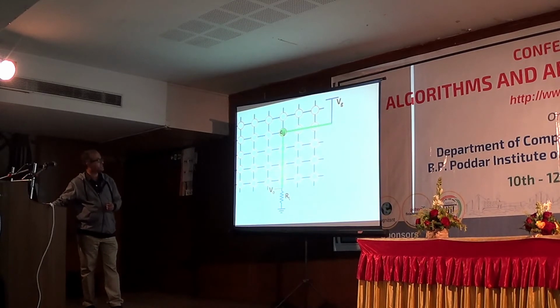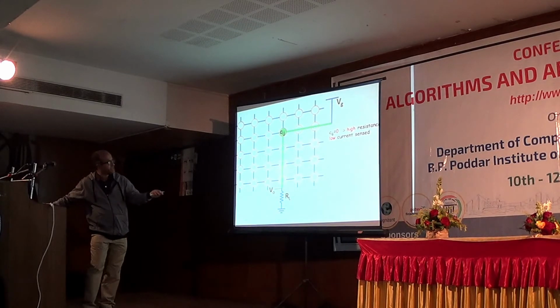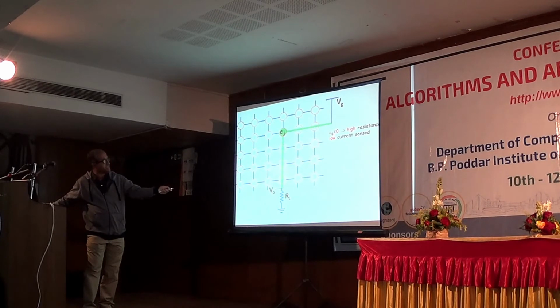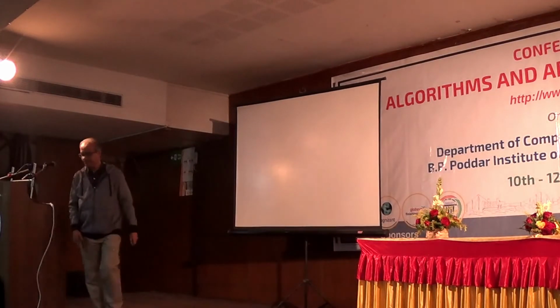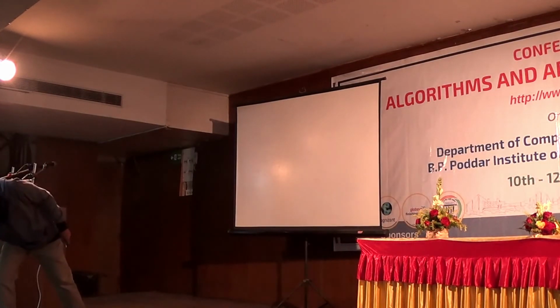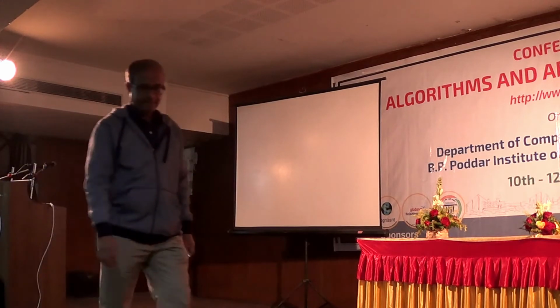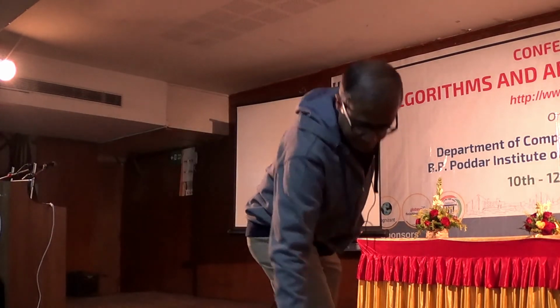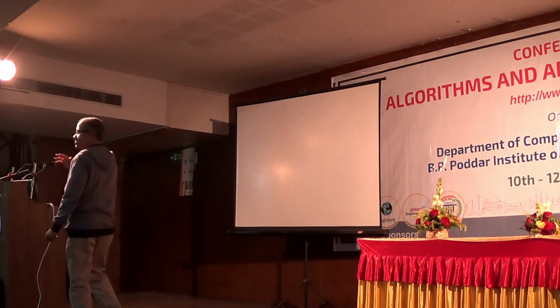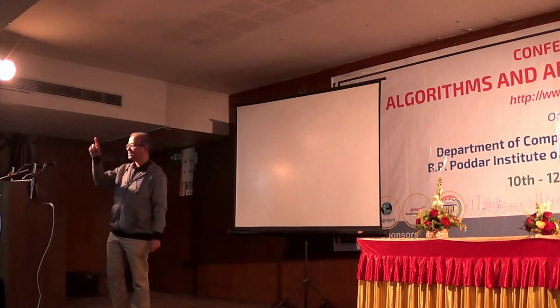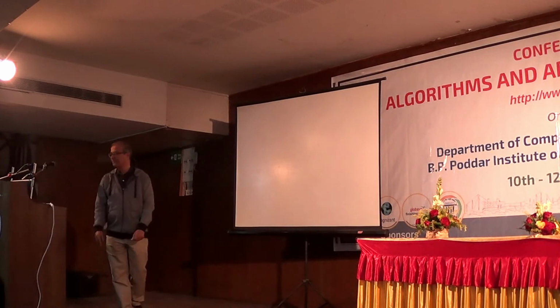Let's call this cell Cij. If Cij is in the 0 state, it will be high resistance, so very low current will be flowing. But if Cij is in the 1 state, then there will be a high current flowing.